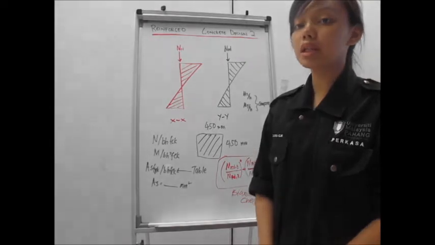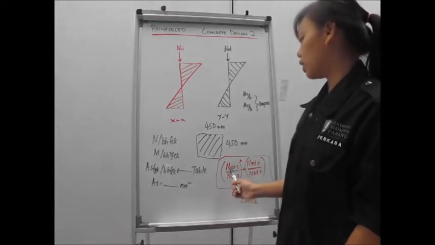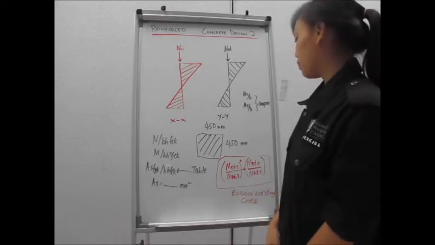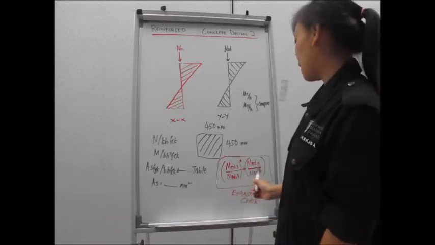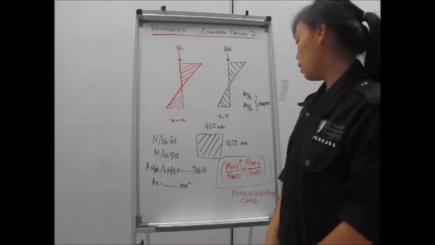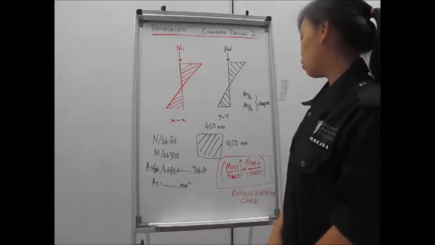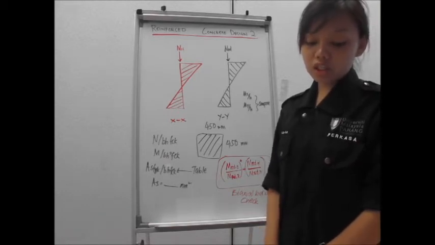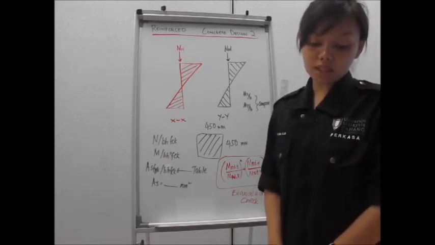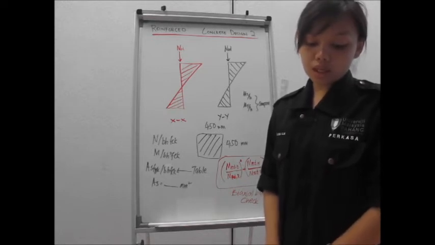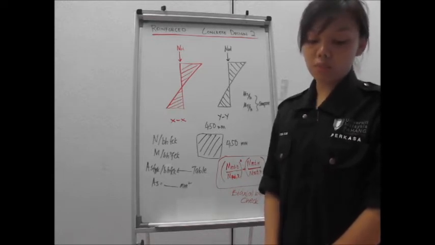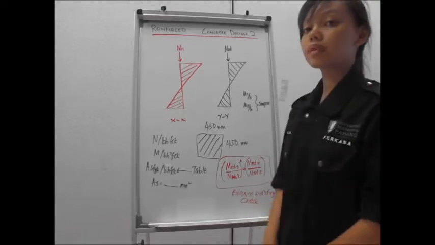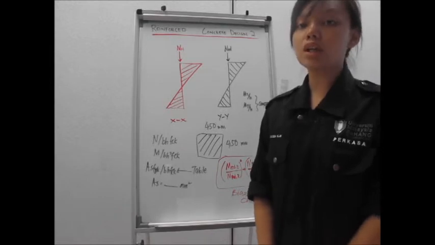For the biaxial bending check, we use the equation MED Z over MRD Z to the power of A plus MED Y over MRD Y to the power of A. If the biaxial bending check fails, then we need to further check both axes to satisfy this equation. That's all from me for the column design.